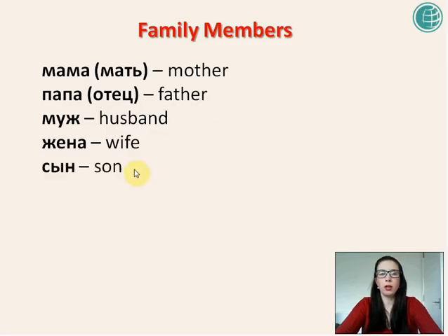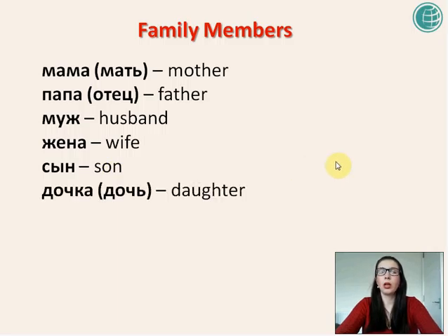Сын, son, this word you will remember very fast. Дочка and дочь. Similar to how it happened with мать, отец. Дочка, mama, papa, they are informal words, and мать, отец, дочь, formal. Дочка, дочь means daughter.